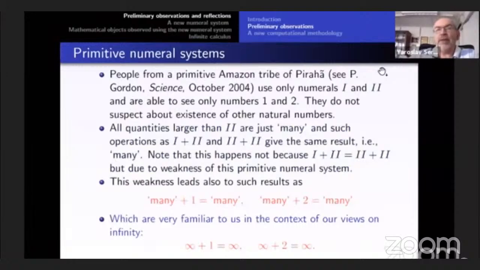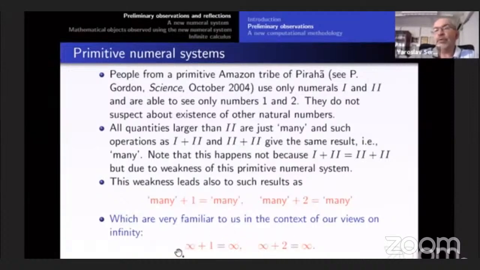In fact, if we substitute many by infinity, we can see immediately that we have exactly the same situation. On the other hand, we know that if many is substituted by numerals 3, 4, and 5, then we are able to avoid this strange kind of records.